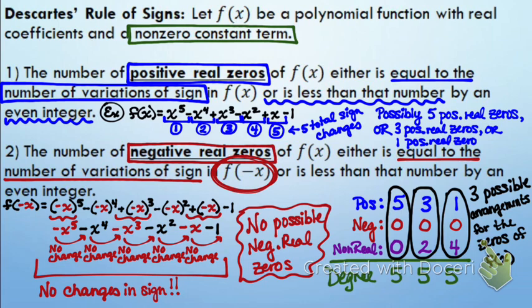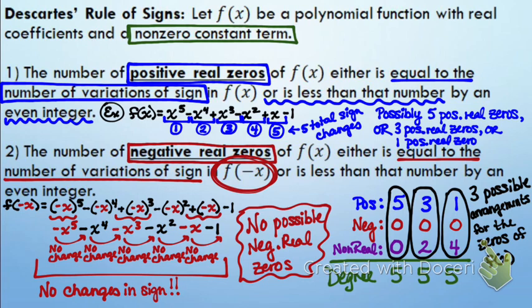If 3i is a 0 of the function, negative 3i has to be. Non-real roots have to come in pairs. It is not possible to have a single imaginary root. So far, so good? All right.